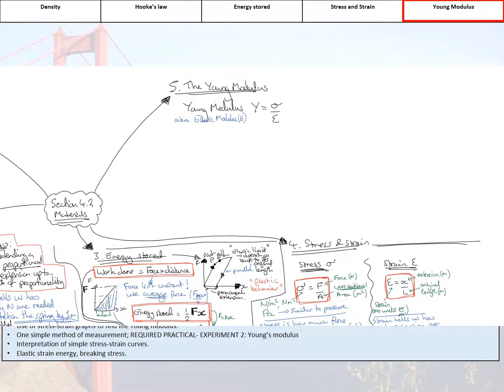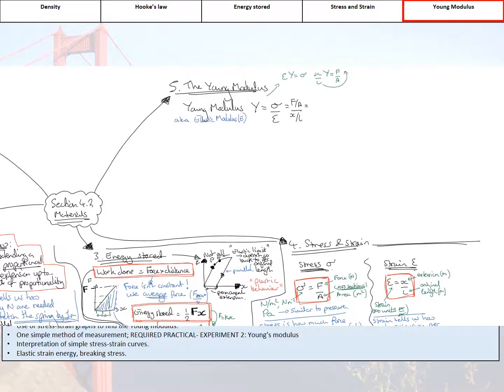So Young's modulus is stress over strain, which is force per meter squared divided by extension per meter of original length. Now we can't have divide by divide, and a lot of people really struggle to rearrange that. Easiest way, don't write this down, but the easiest way would be to go strain times Young's modulus is equal to stress, which gives us extension divided by original length times Young's modulus is force divided by area.